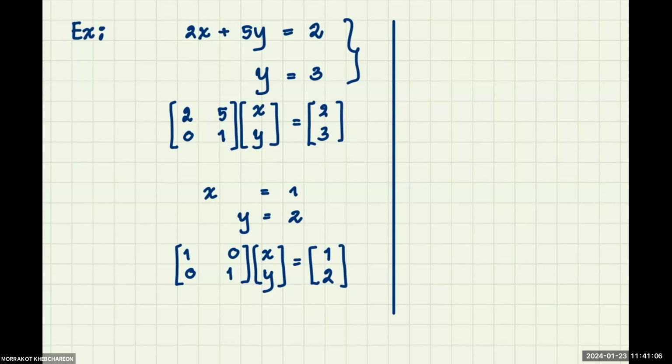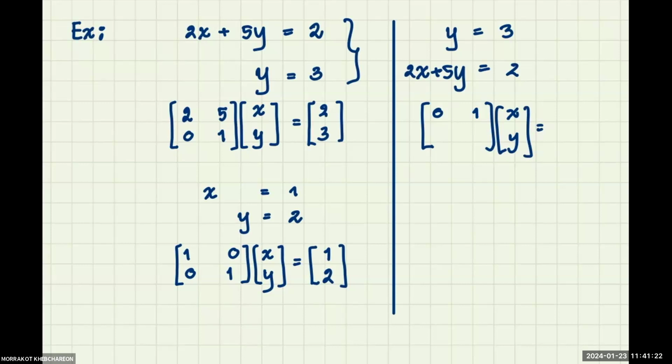Or I have the equation y equal to 3, and 2x plus 5y equal to 2. I can rewrite the matrix as 0, 1, times x, y equal to 3, 2, with the second row 2x, 5y.